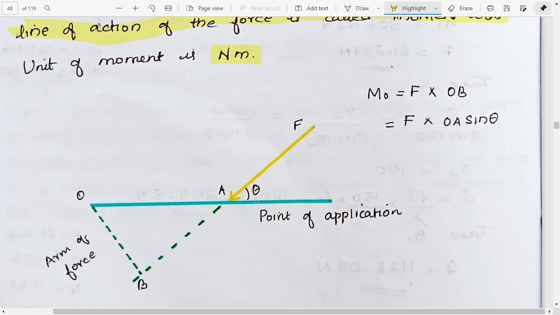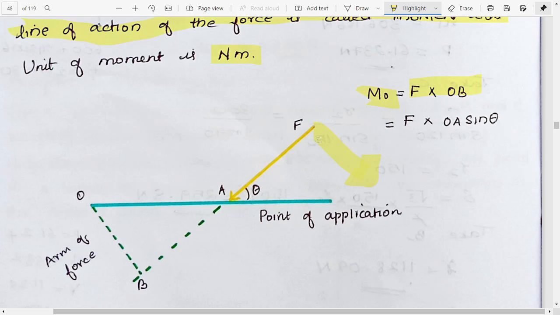So here we have a force like this, and this is the point of application, and this is the arm of the force, that means the perpendicular distance. So moment will be equal to force into OB. If the force is in this way, then the distance will actually be perpendicular to it.